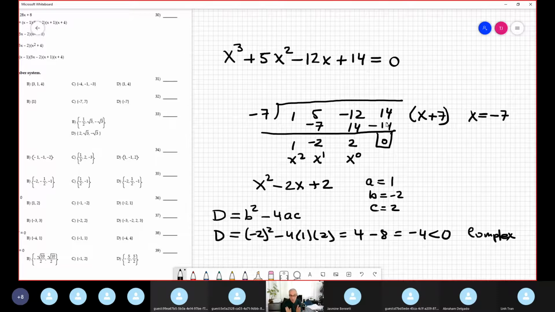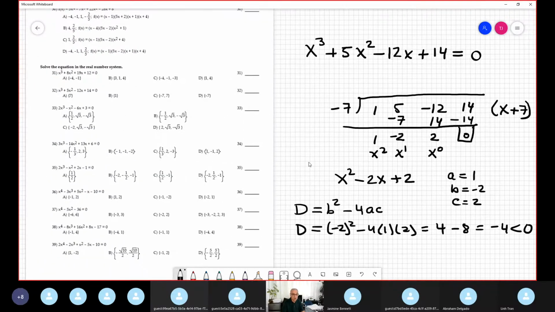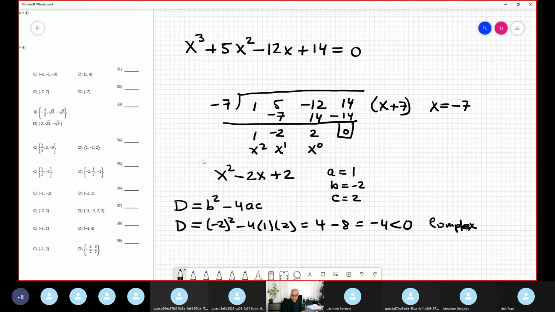Therefore, in this specific case, we have 1 real 0, negative 7, so it's real negative, and 2 complex. I don't care, because the question says I don't care. Another question may say, yes, you need to consider this. Any other question? Everyone follow me? Yes. Okay.